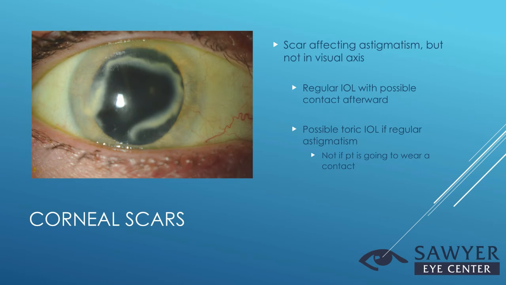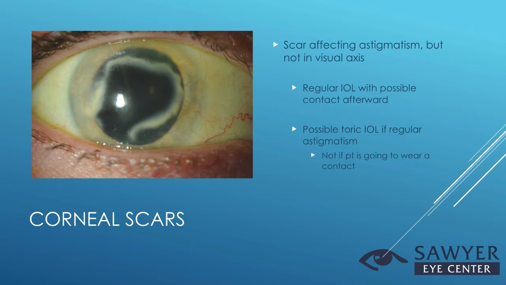Most of my patients are older and they have no desire to even try, or even if they do, they're not agile enough to put a scleral contact in. And so in their case, I do believe it's reasonable to put a toric intraocular lens in if you feel like the astigmatism is regular enough to where you'll be able to reduce it with the toric intraocular lens. Obviously, this is just if the patient is never going to wear a contact.